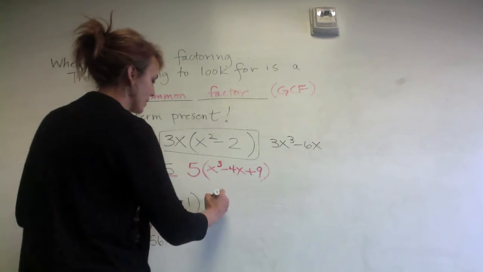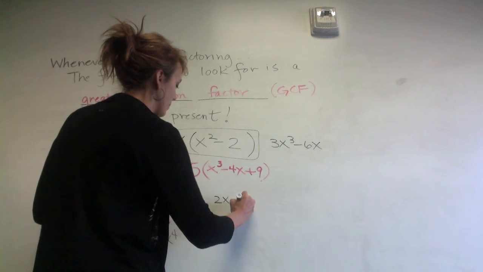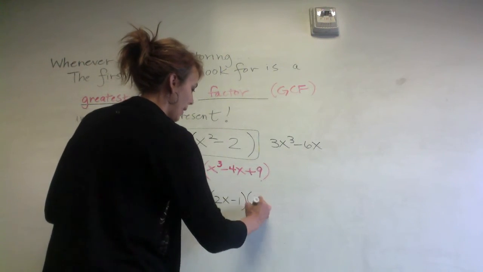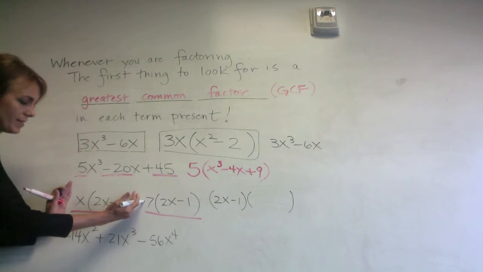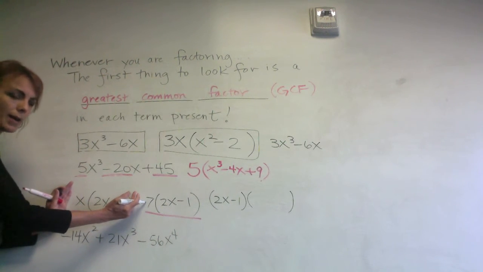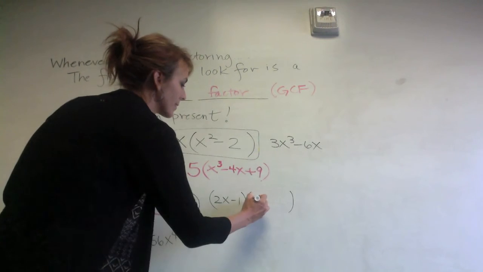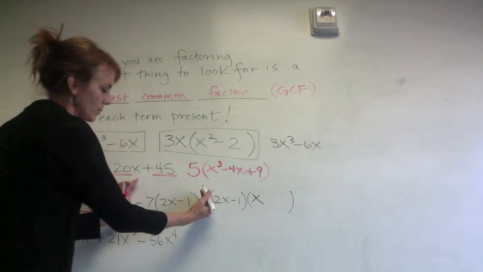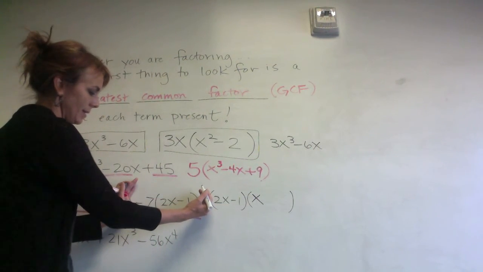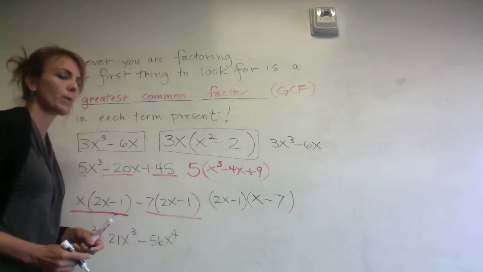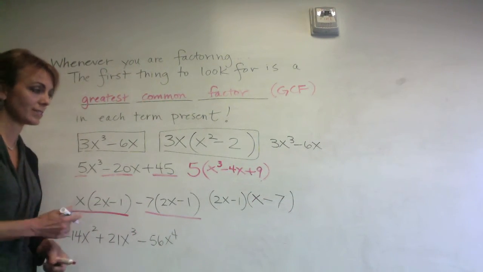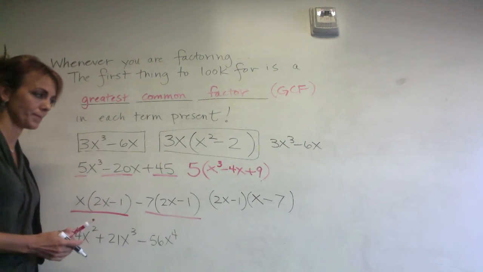That is our GCF, 2x minus 1. Now, if I divide the 2x minus 1 out of this piece, what do I have? I have x. And if I divide the 2x minus 1 out of this piece, I have negative 7. And that would be factored with a GCF of 2x minus 1.